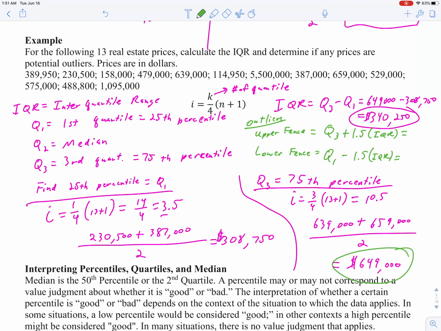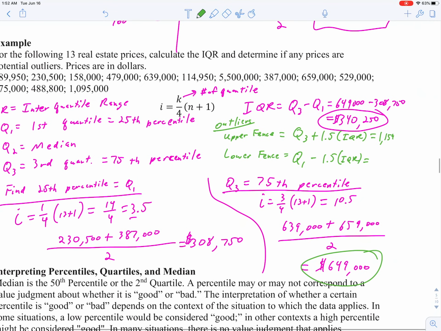Q3 is 649,000 plus 1.5 times the IQR, which is 340,250, and we see it's 1,159,375. That's our upper fence.